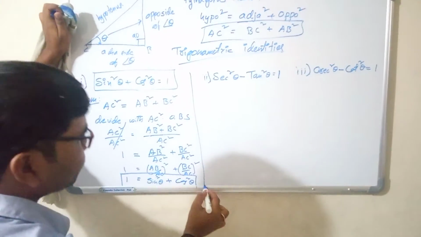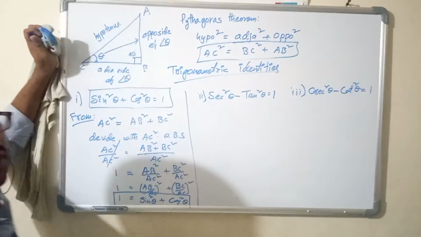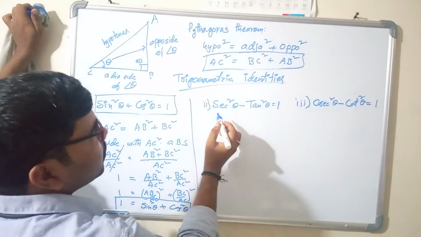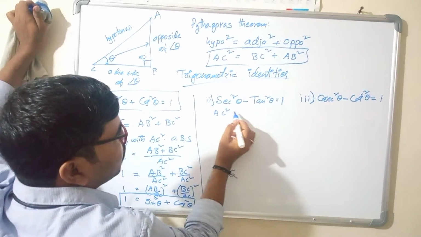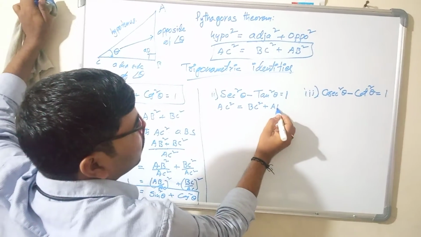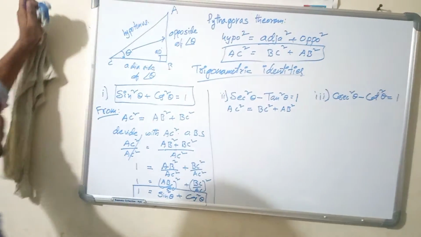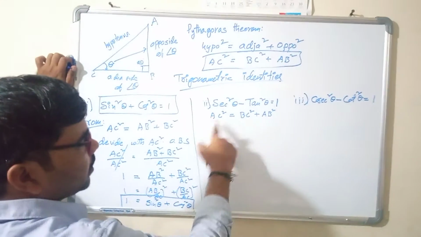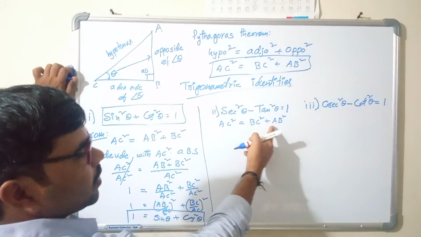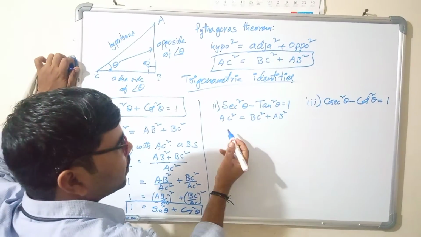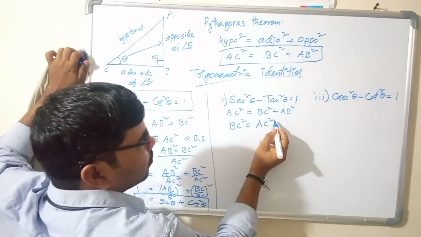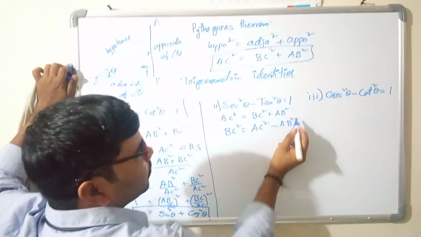Next coming to this one, secant square theta minus tan square theta. These also we can prove from the Pythagoras theorem. Here from Pythagoras theorem, AC square is equal to BC square plus AB square. If we take AB square to this side, it will become minus. Then BC square is equal to AC square minus AB square.